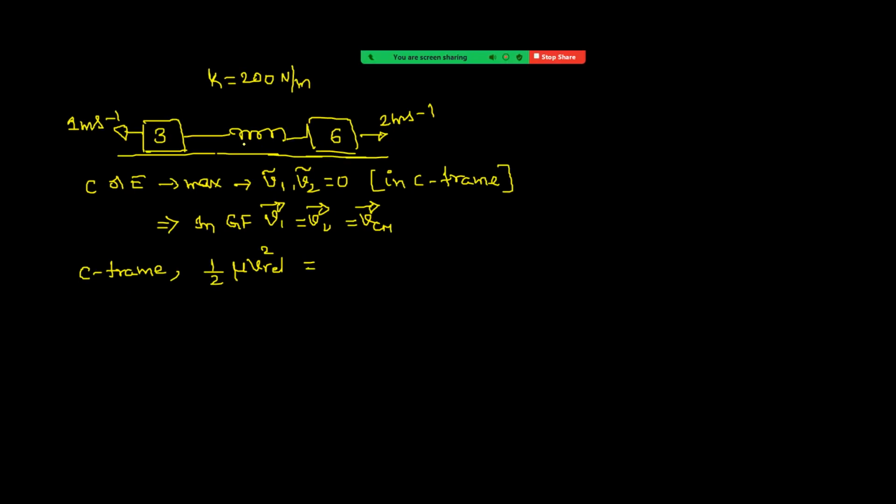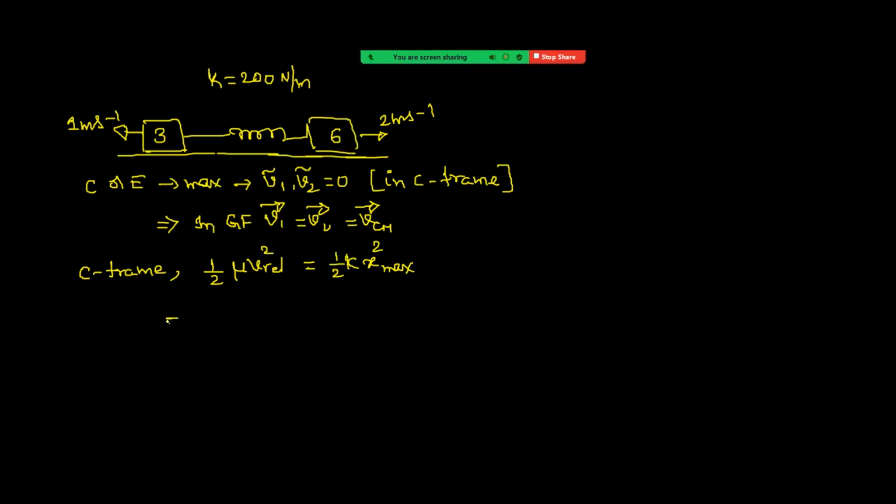Initially, spring was unstretched, means no compression, no elongation. So, kinetic energy is nothing but total energy. This is completely converting into spring potential energy because in center of mass frame they come to rest temporarily. So, it is equal to half k x square, or you can say x maximum.